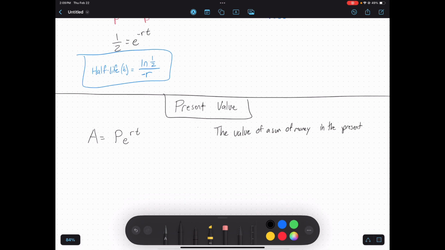So if we're talking about right now, the value of a sum of money in the present in contrast to some future value it will have when it has been invested at compound interest.